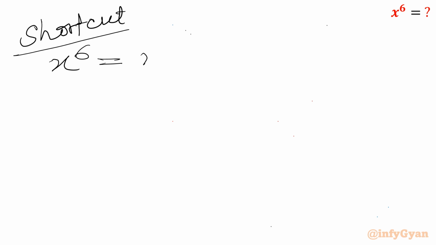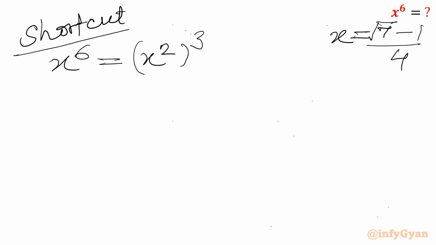How will it look? Only binomial expansion, meaning the identities, we will use. So I will write here x power 6 as x square whole cube, where x is root 7 minus 1 over 4. So let us calculate x square first. It will be equal to square root 7 minus 1 over 4 whole square.